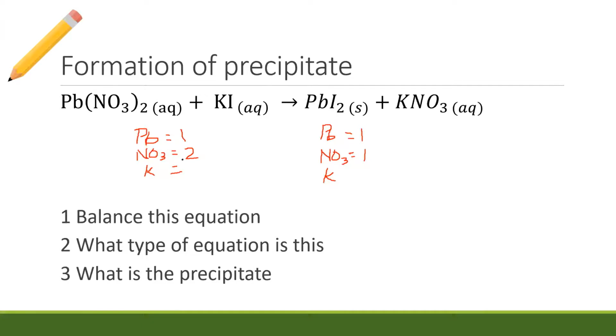For example, for nitrates, I've got 2 nitrates on the left, 1 nitrate on the right. If I want to make more nitrates, I don't want to make more on the left, because then it's going to be 4 or 6. I want to make 2 nitrates on the right.